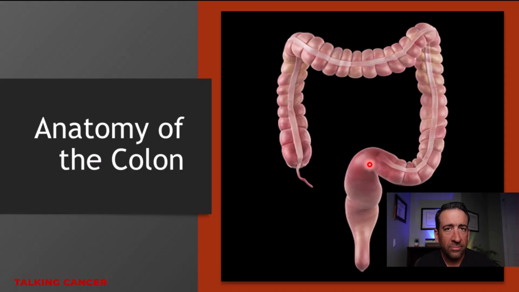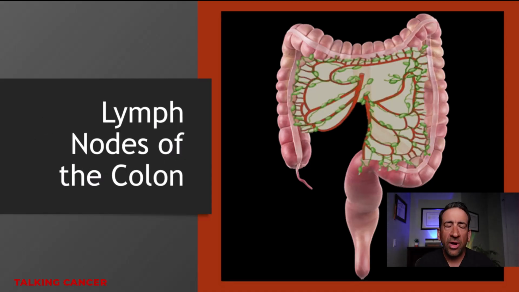Now here, I also want to show you that around the colon, you also have these little green structures that you see. These are lymph nodes. And it's very important that you know about lymph nodes. See, we have them all over the body, but here you see that the colon, all around your large intestine, we have lots of lymph nodes.